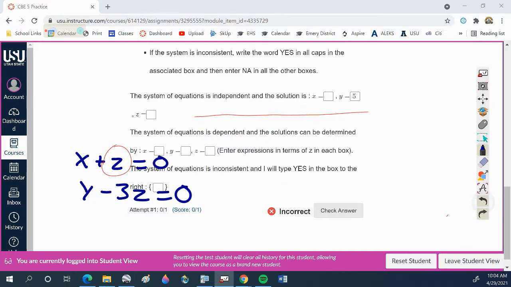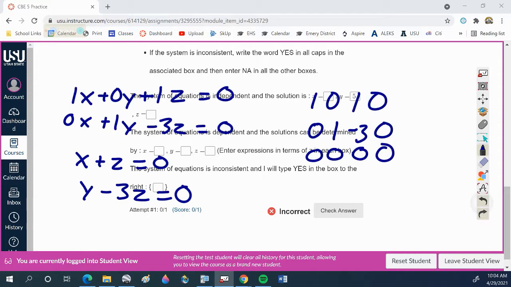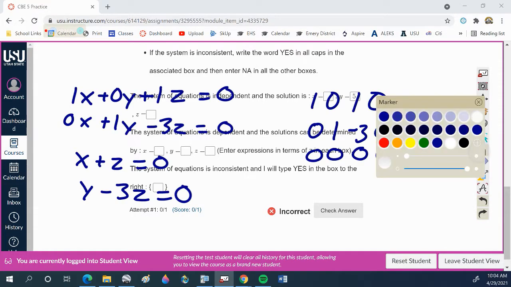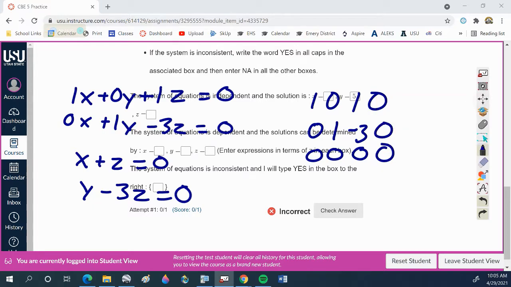Can you check the answer? It's not saying these are wrong, so I don't think you have to put any in them. Oh, we solved them backwards. Sorry. The box says x equals, right? Yeah, x equals.